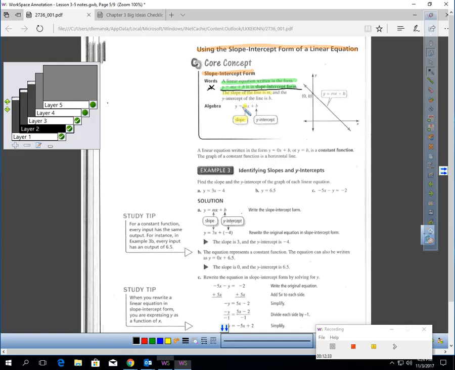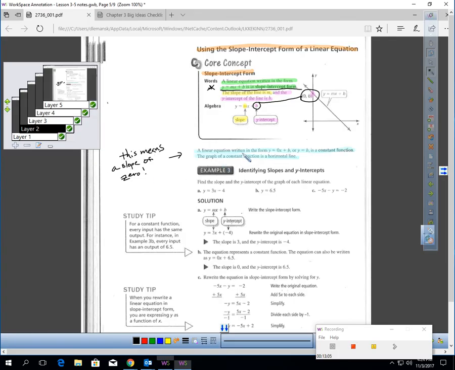That tells me the rise-run ratio of the line. And the y-intercept is the b value. That tells me where the line crosses the y-axis. So whatever number this is, that's how many units up the y-axis my line will be meeting the y-axis at.